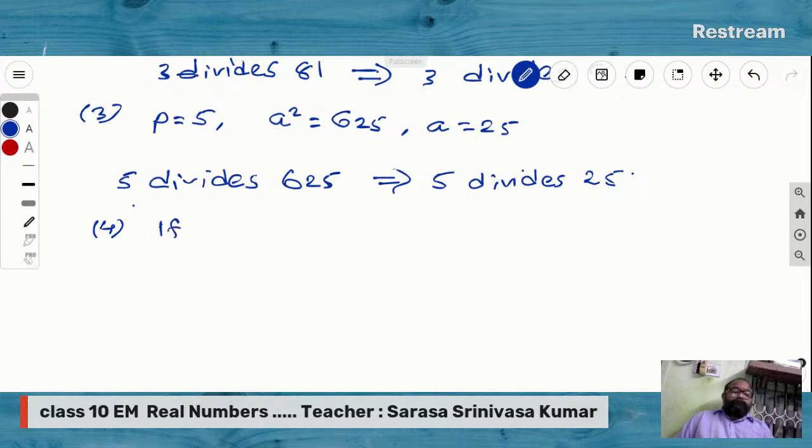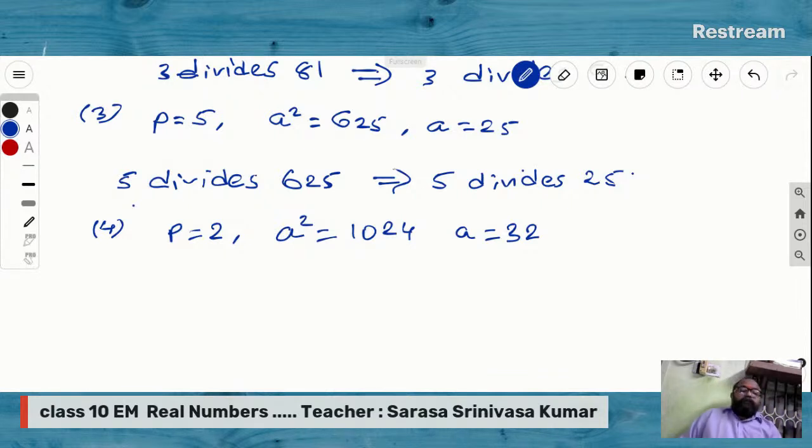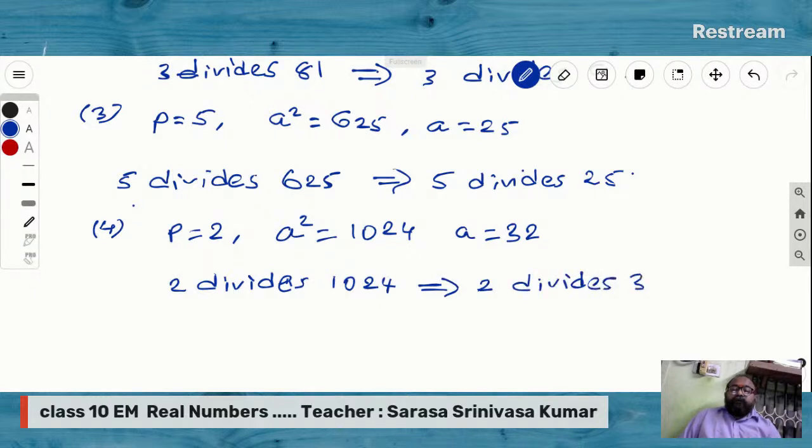We can consider another example. We consider p value, p equal to 2, a square equal to 1024, a equal to 32, because 32 whole square equal to 1024. 2 divides 1024 implies 2 divides 32.